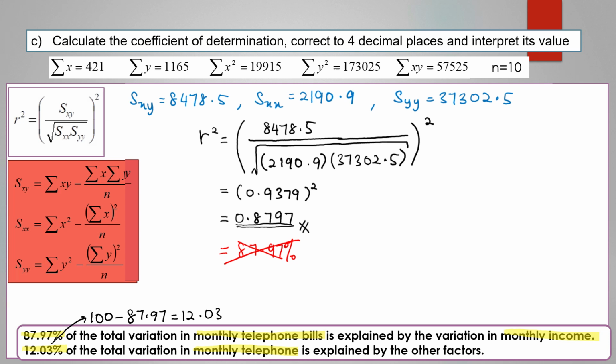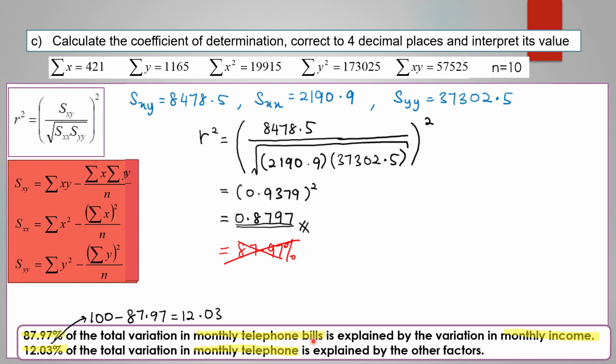If you notice, the part that I highlight is what you need to substitute with the value that you get. First of all, 87.97% depends on the value of R squared. "Of the total variation in" will remain the same in any interpretation of R squared.